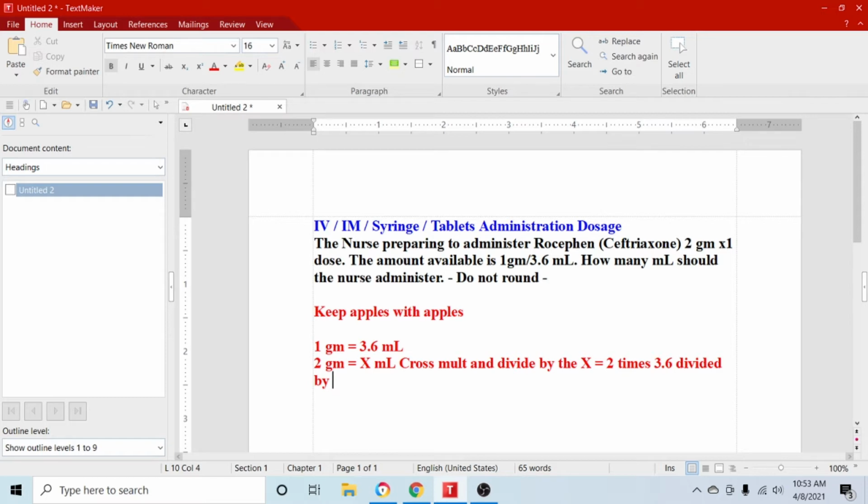Divide by the X means you divide by the number that is across from the X. In this case, it's 1 gram.